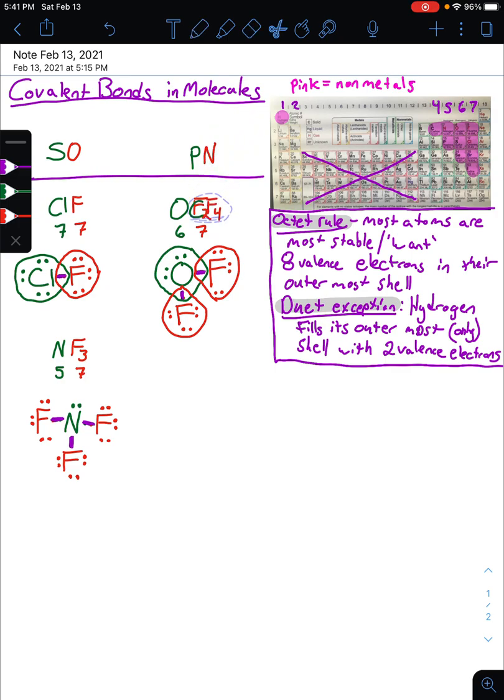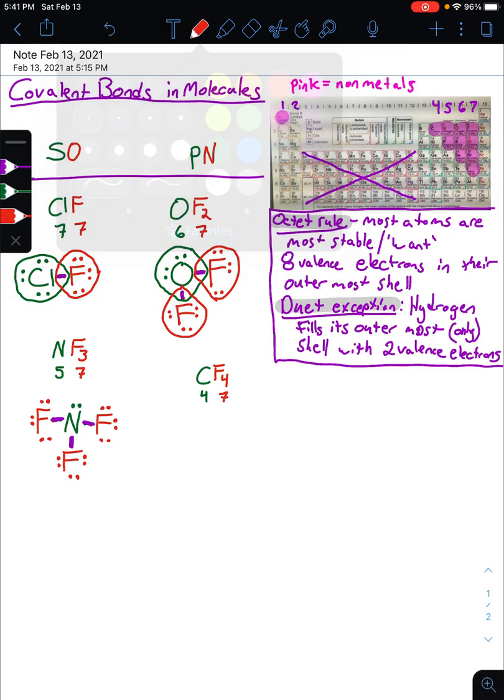Let's look at CF4. Carbon's right here, trace it up, 4 valence electrons. Carbon has 4, fluorine still has 7.